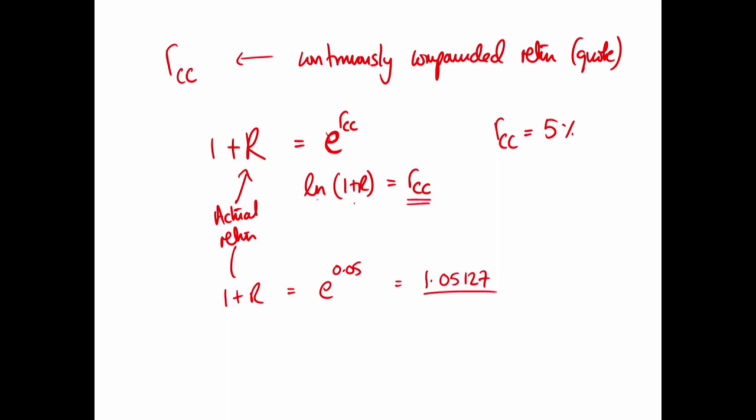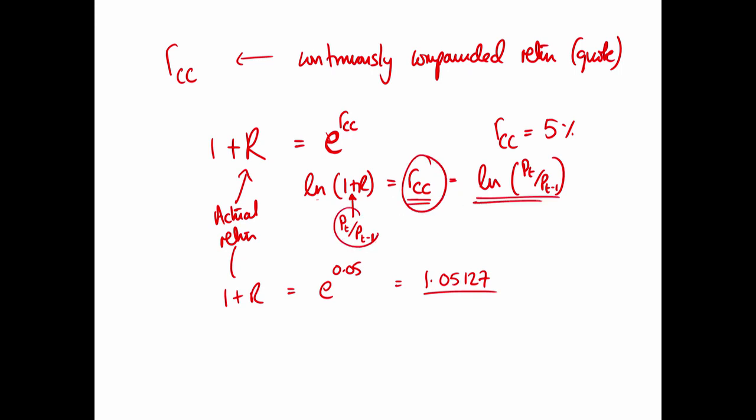Now, in here, 1 plus r, 1 plus your actual return, you could always express that as price at the end of a period relative to price at the start of a period. That is referred to as a price relative, and that is a way of getting 1 plus r for the period. So if we look at the logarithms of price relatives, then we're actually looking at continuously compounded returns, aren't we?